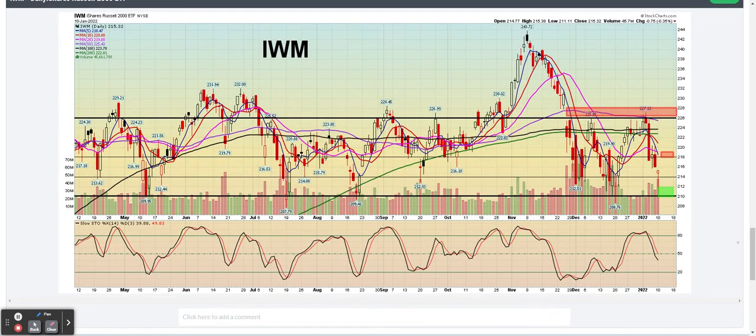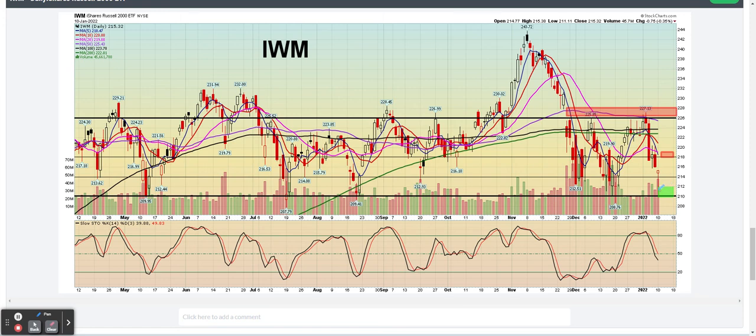I'll take a look at the IWM small caps ETF for the Russell 2000. Looking at the daily chart, as mentioned in the previous video, I expected 212 to 210 to act as strong support.